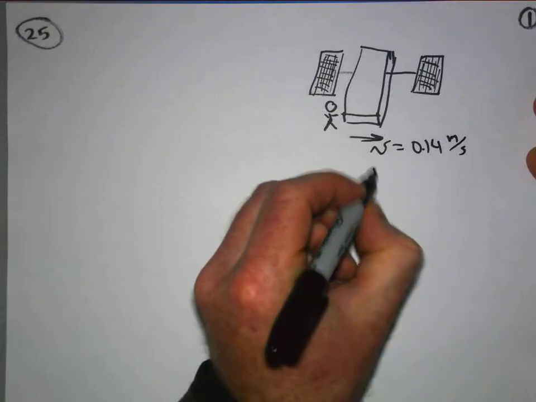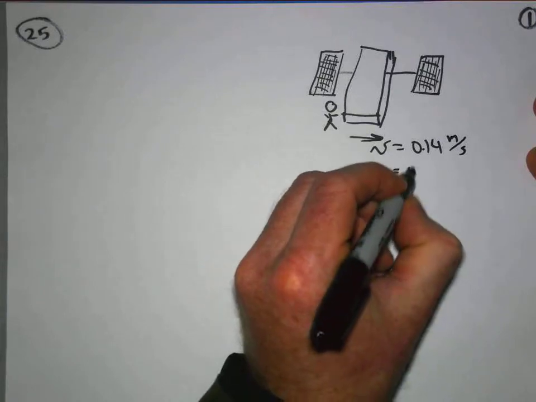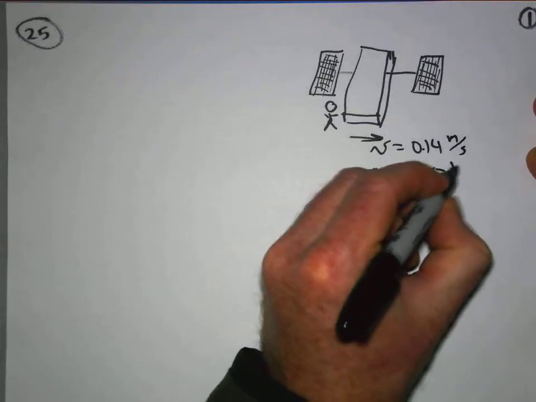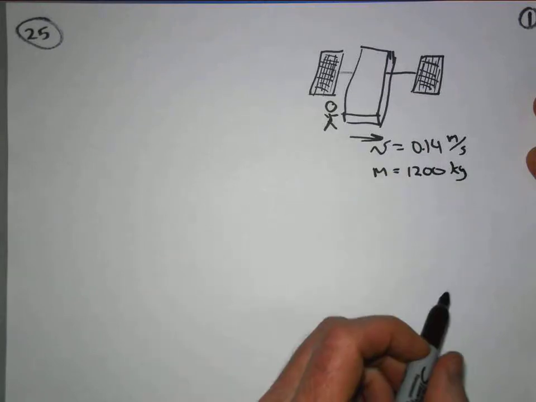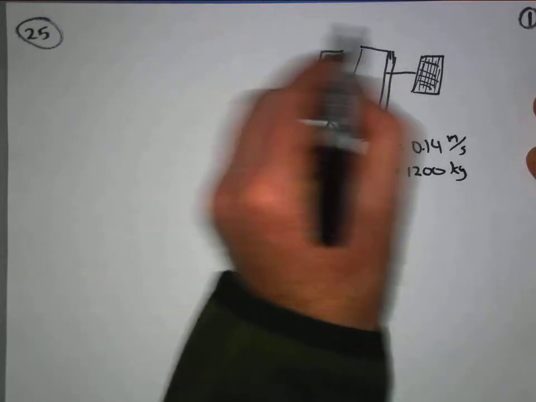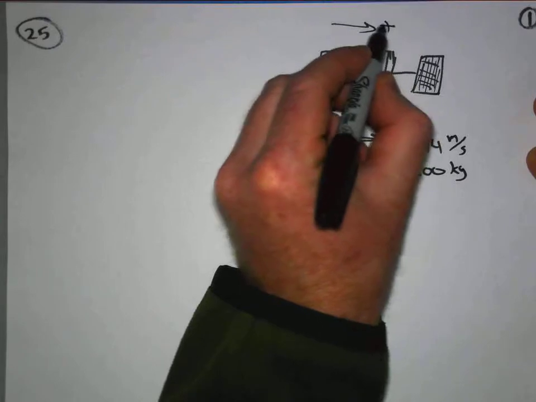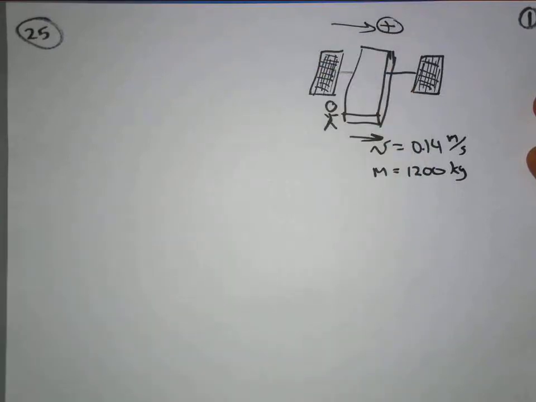We're also told that the mass of the satellite is 1,200 kilograms. For the sake of being consistent, let's give that direction the positive value.